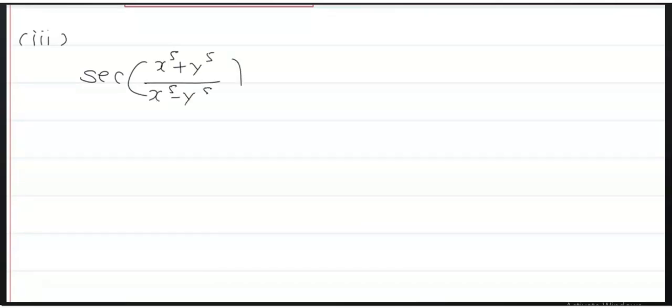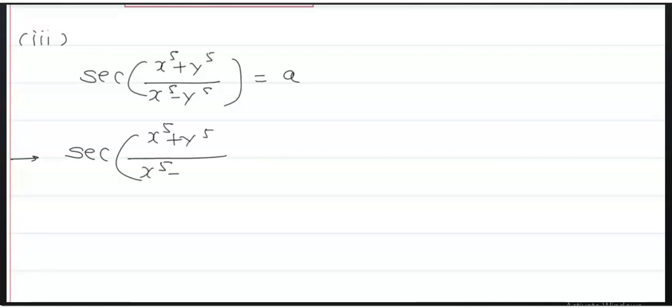Now the next is example number 3. That is sec of (x raised to 5 plus y raised to 5) upon (x raised to 5 minus y raised to 5) is equal to a square.